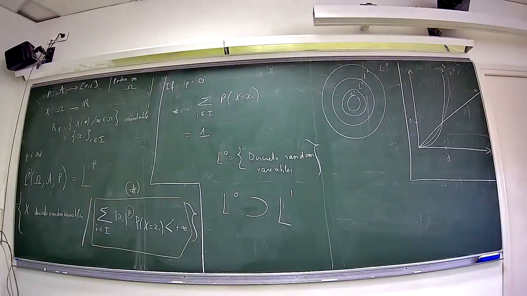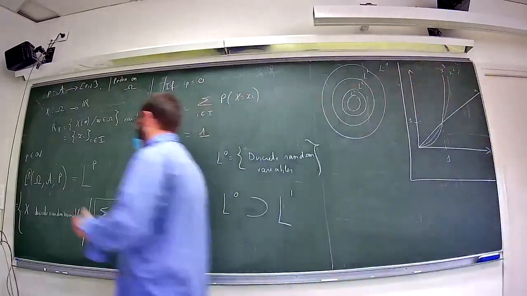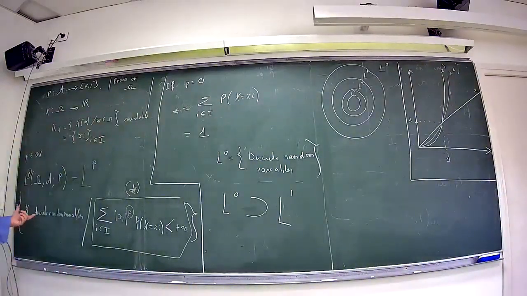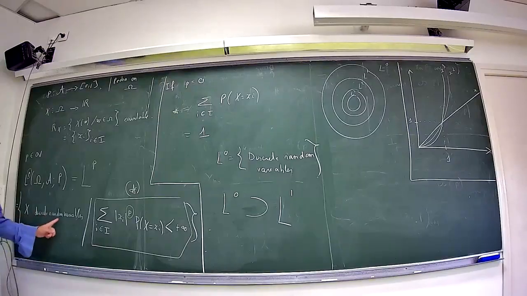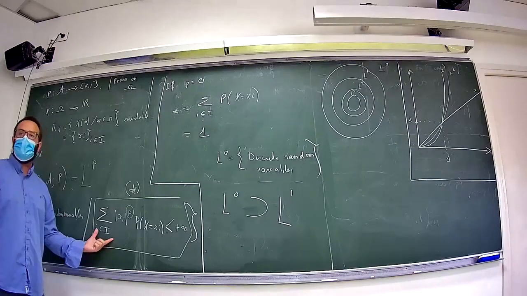Which one? But just take the definition. What is the definition of L1? So here I have the definition of Lp. Okay, so it's what? The set of the discrete random variables such that this sum is finite.